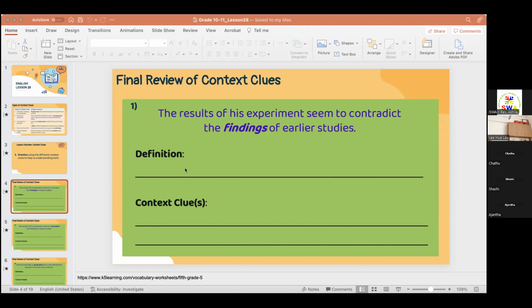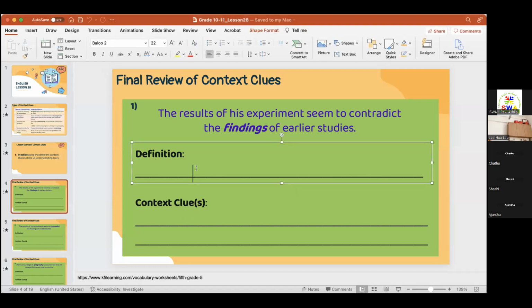The earlier studies, they said. Is it okay? Let me just type it here. From what I described earlier, what type of context clue is this?